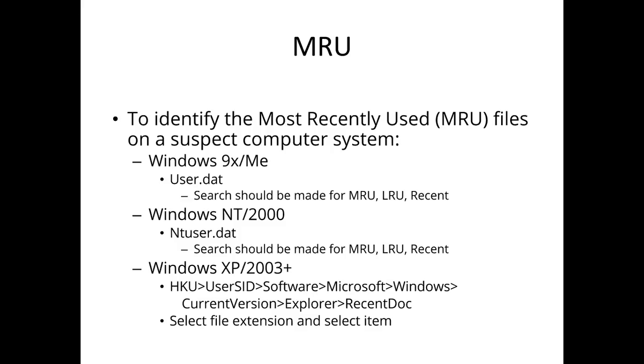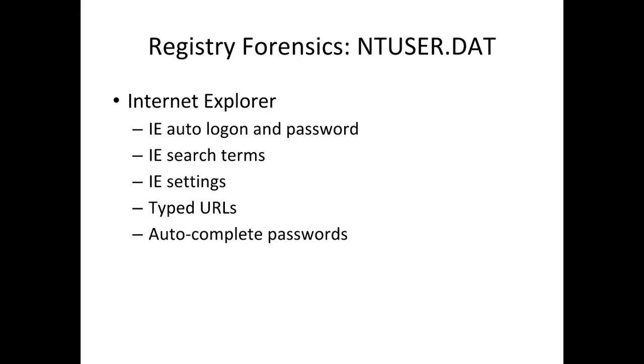Windows also stores the most recently used files, and you can extract these from the user information, and that will give you an idea about what files the user has recently used. Also you can extract from the user hive information about Internet Explorer.